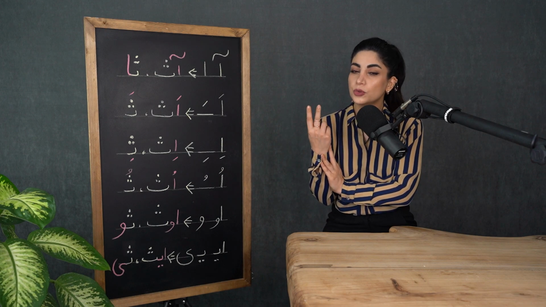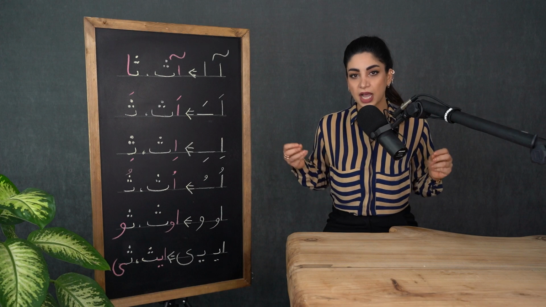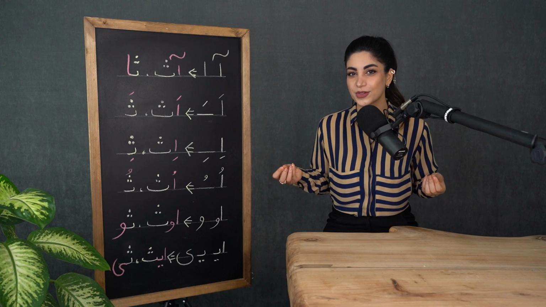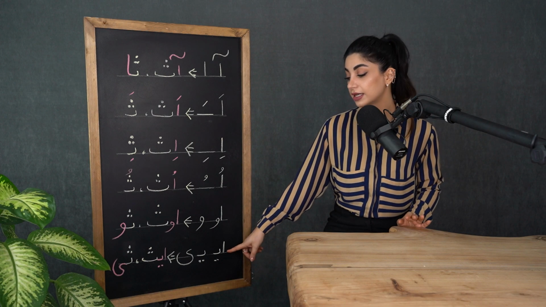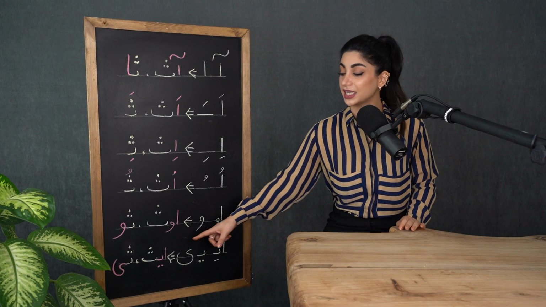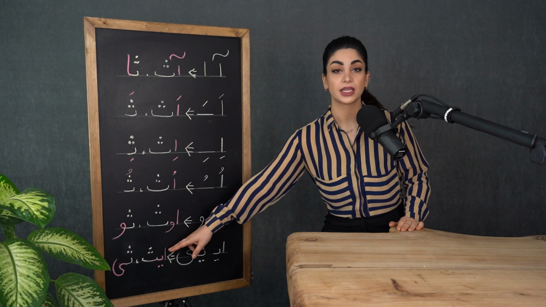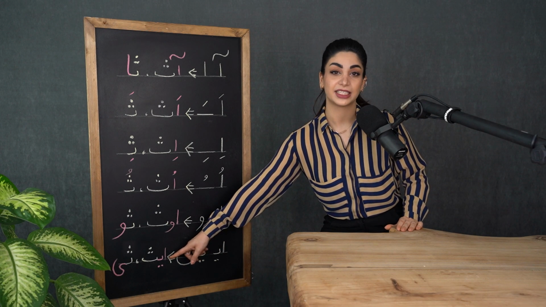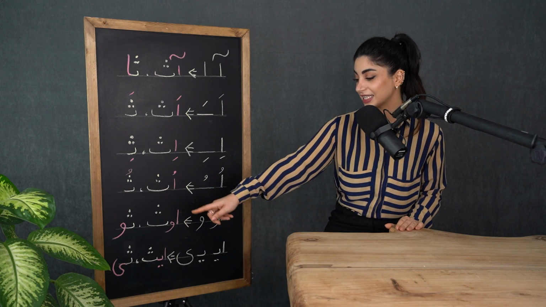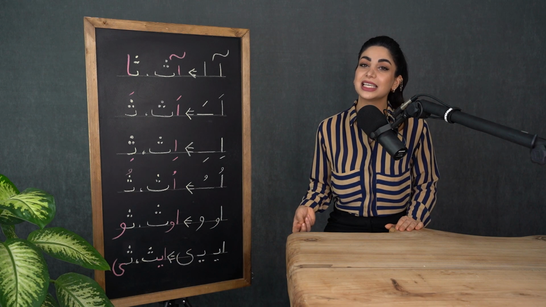It can do both. E is somehow different. You know this, right? So E comes in the beginning. Is, is. This one looks exactly like this one. And at the end we have si, si.